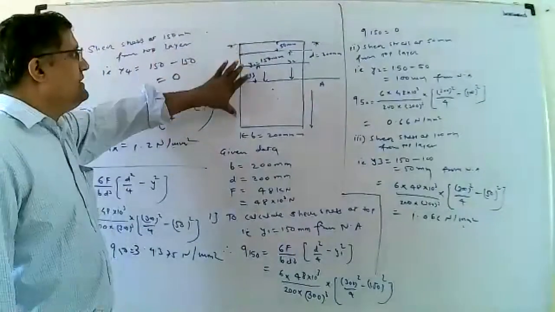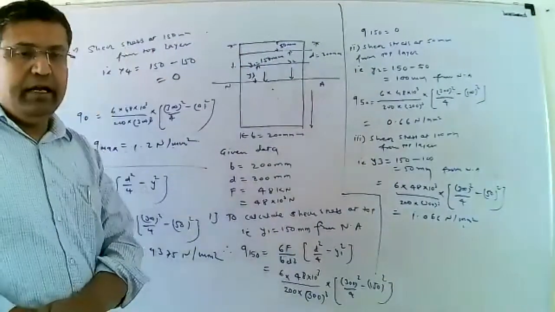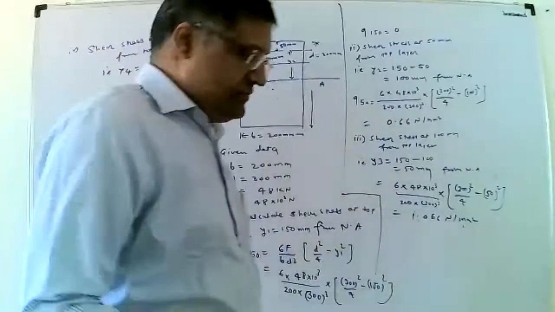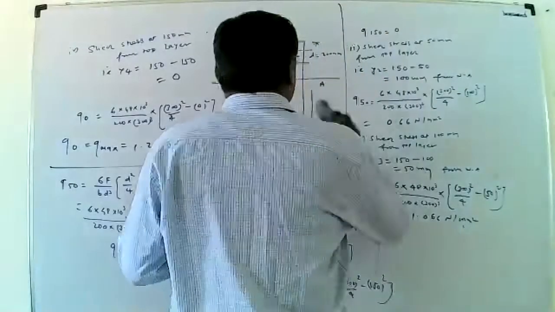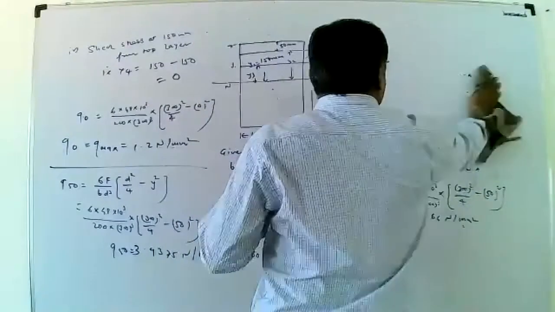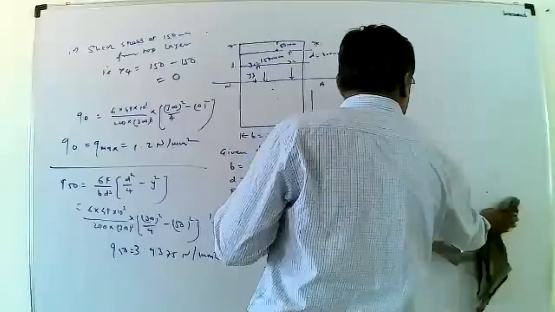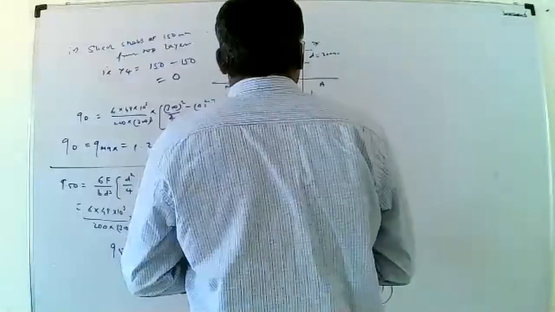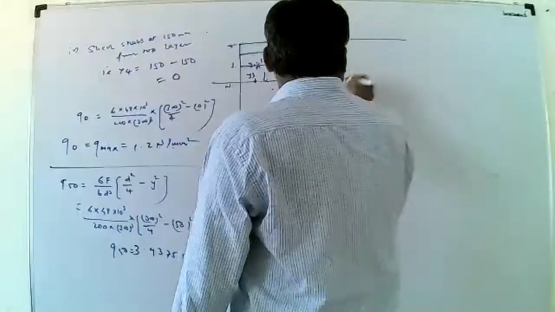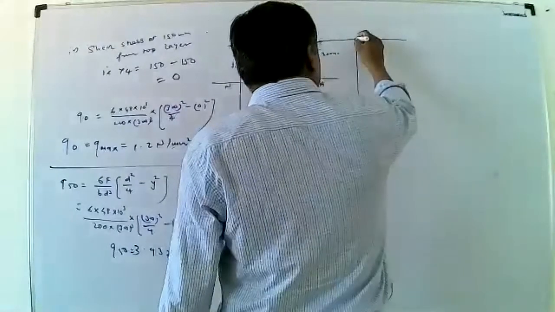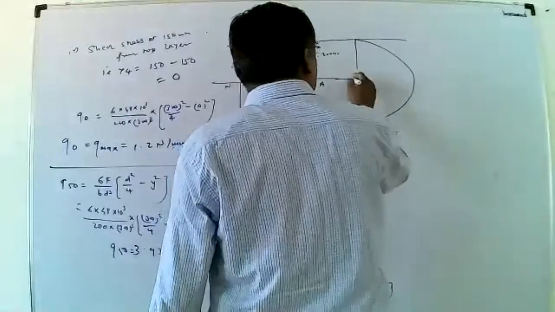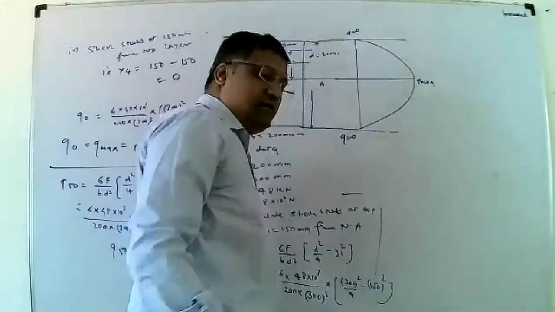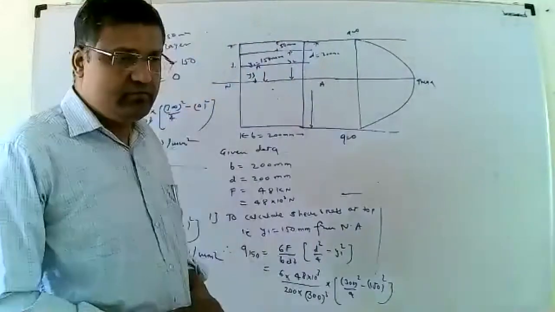Here, if you see, this is a rectangular section, and any rectangular section has a stress distribution diagram with Q max at Q0, the shear stress distribution diagram.